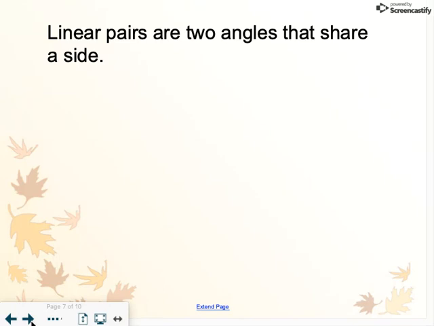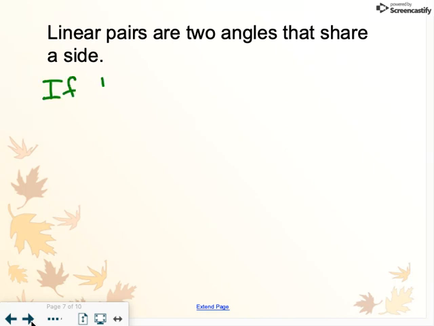Now we have this one. Linear pairs are two angles that share a side. So we have to think of this both ways. So first, is it true if two angles are a linear pair, then they share a side? We think of that way first. So if two angles are a linear pair, then they share a side.